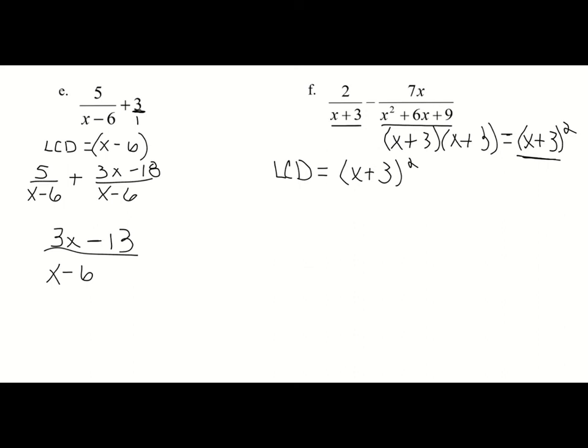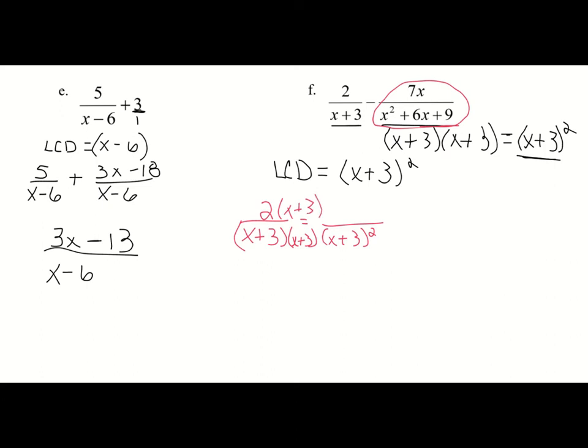Which is kind of nice because this second fraction right here already has that denominator. So it is the 2 over x plus 3 that we have to turn into x plus 3 squared. So that means I'm going to have to multiply this bottom times x plus 3 and the top times x plus 3.